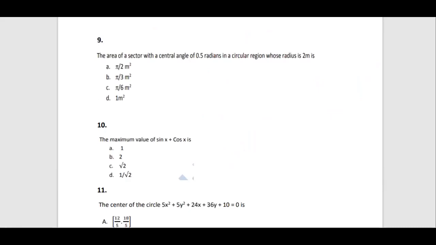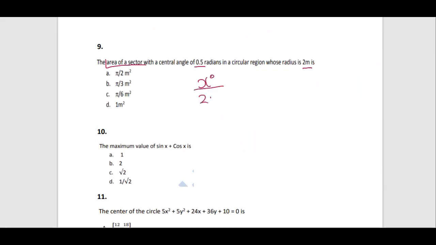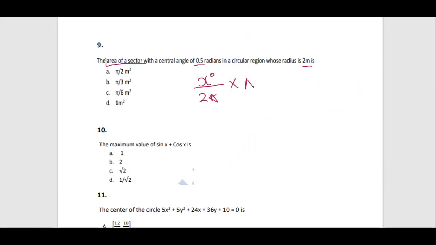Let's talk about the ninth question now. The area of a sector with central angle 0.5 radians in a circular region whose radius is 2 m. Okay. Now we need to find the area. So we need to do x divided by 2 pi into pi r square. Pi and pi can be cancelled.